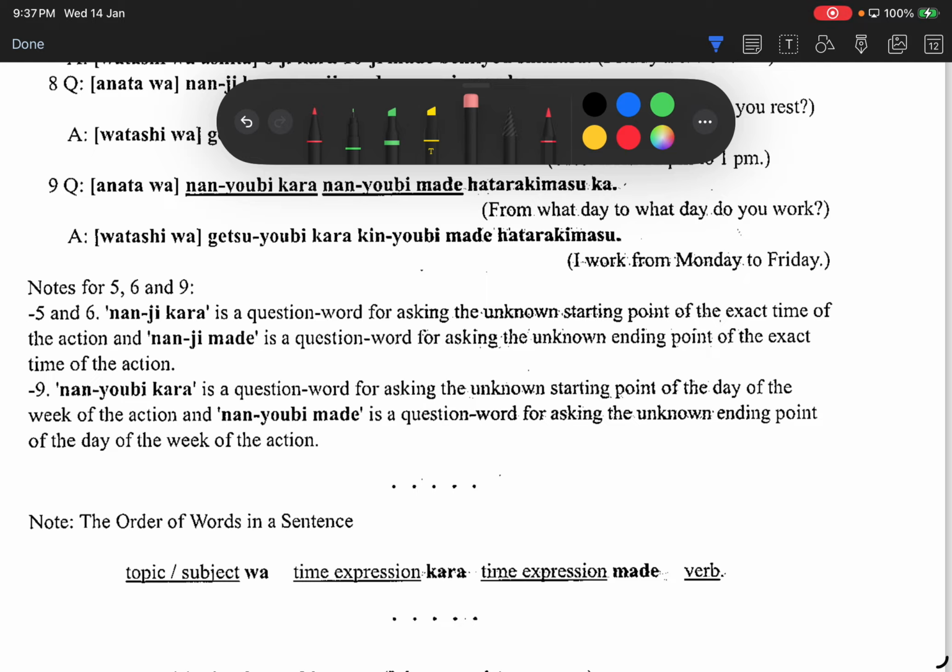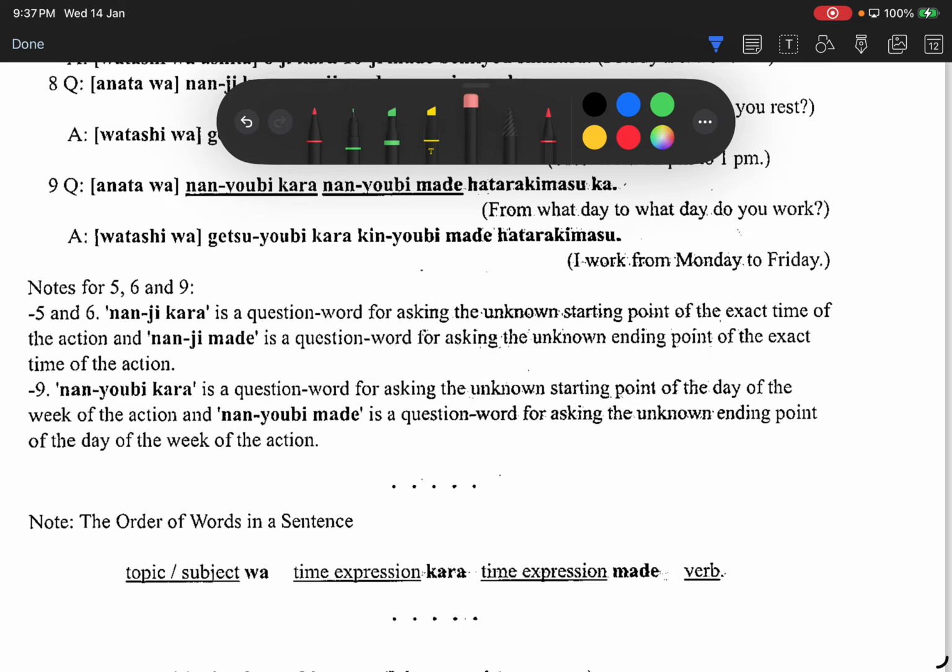But we use where station in Japanese and Chinese. 哪里的车站。Right? Or in Chinese we also say 哪一个车站, but that one is very Singlish. But in Japanese we don't really say which, from which to which. For location we say from where station to where station. For item, from what item to what item. We don't really say from which item to which item. Okay? So we don't really use it for which.